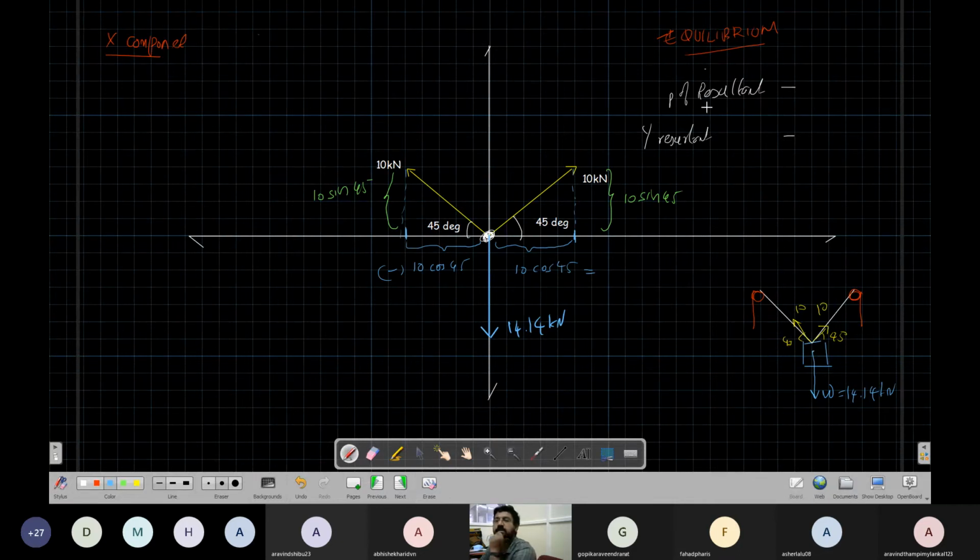What is the x direction resultant and what is the y direction resultant? Work it out here. This is 10 kN, this is 10 kN, this is 14.14 kN, and these are 45 degrees. So just try this out and tell me the answer.